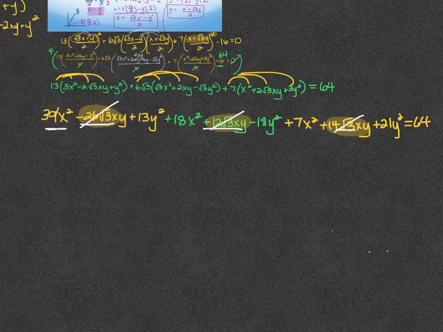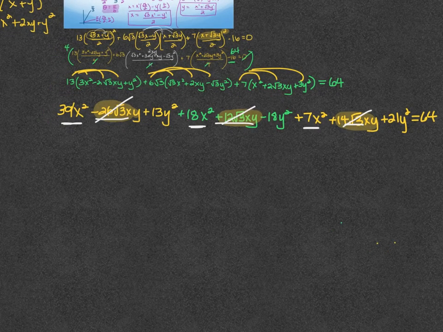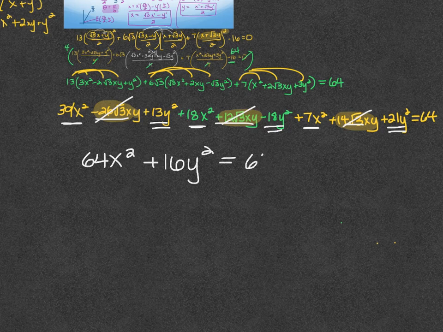Then I'm going to add all my x squared terms. So I've got 39 plus 18, 57x squared, and then 57 plus 7, which is 64x squared. Then do my y squared, 13 minus 18, that's negative 5, plus 21, that's positive 16y squared, equals 64.